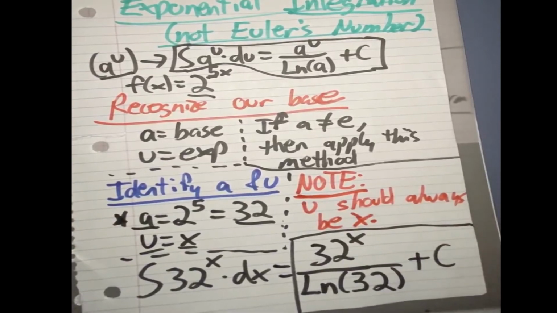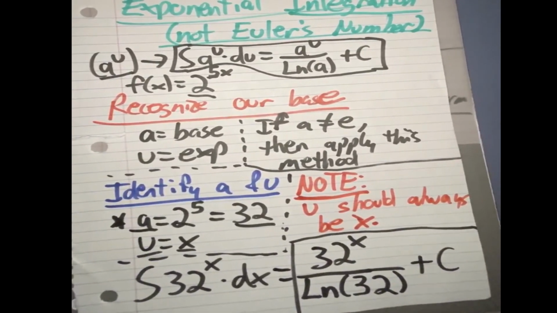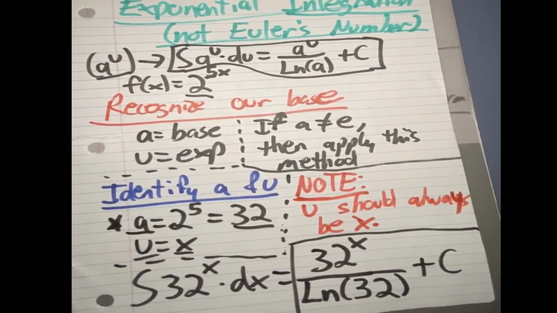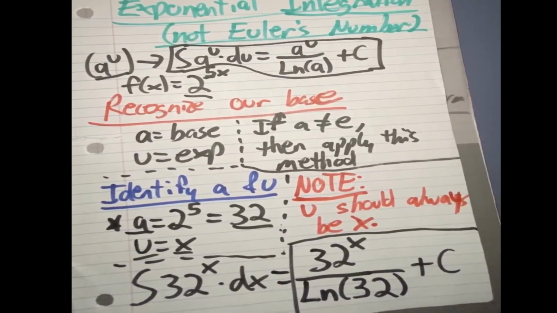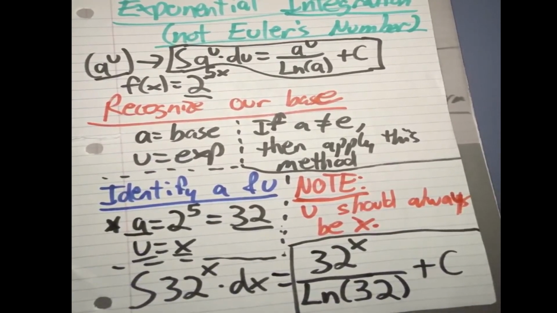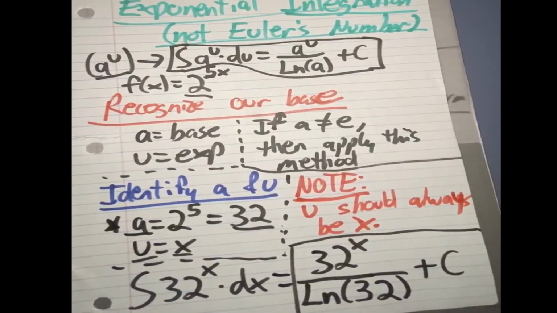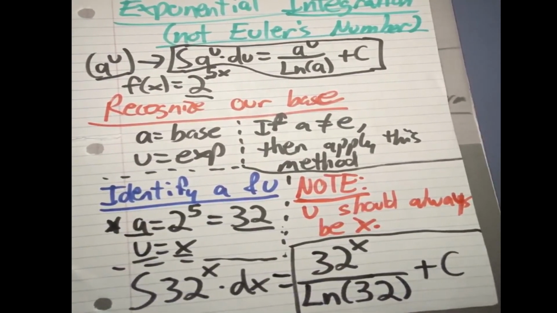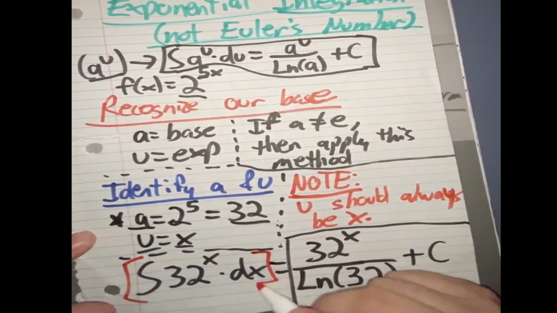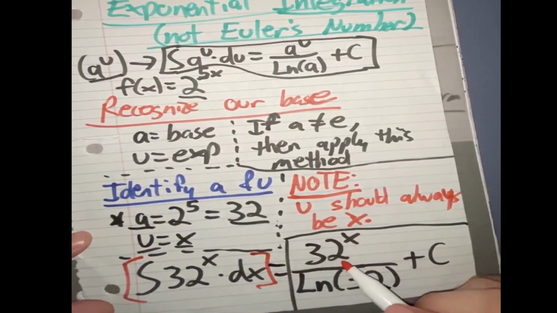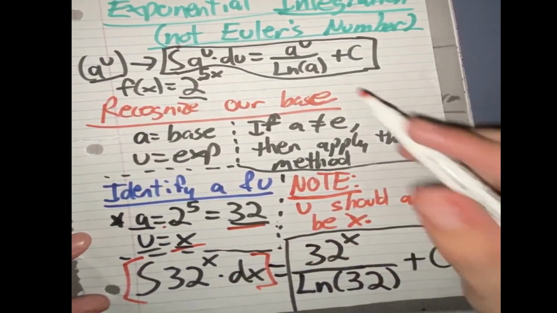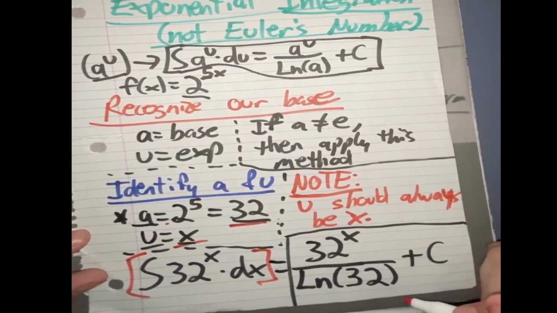As a friendly reminder, if it's raised to the power of 2x or 3x, that itself is part of the constant A. It's part of the base, and you have to evaluate it first before you can identify it as your variable A. Once you identify it, it's just a matter of plugging in: 32 raised to the x dx is equal to 32 to the x, divided by the natural log of 32, plus C.